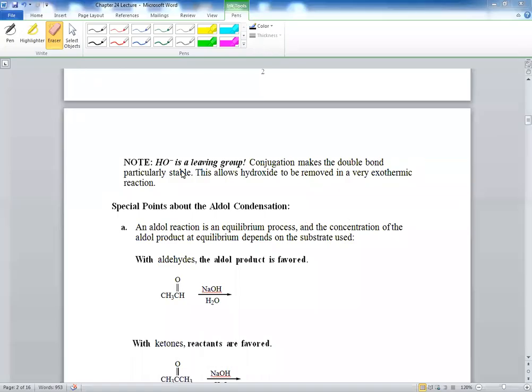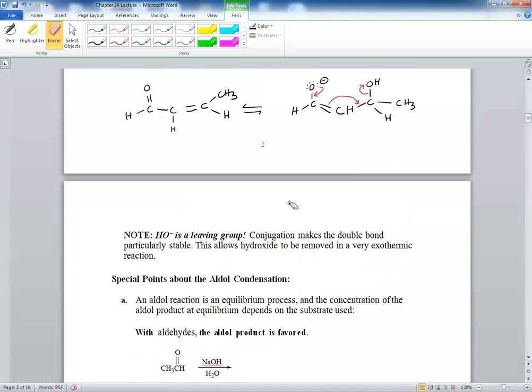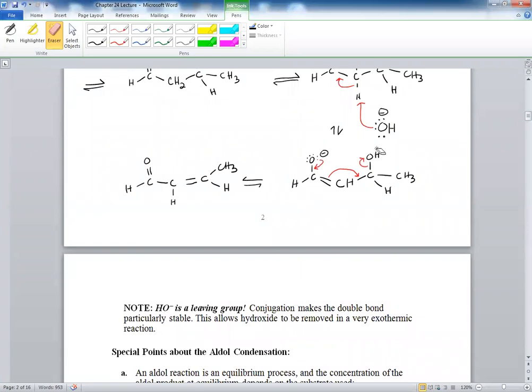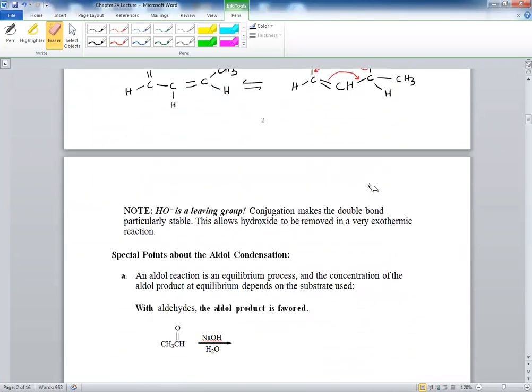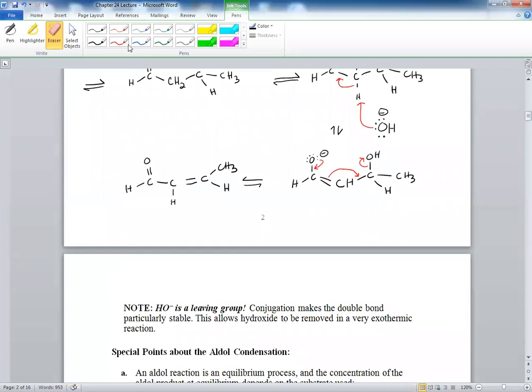In the last mechanism, you saw that the hydroxy group was a leaving group. If you take a look back here, you saw how it was a leaving group. And this is okay for a very simple reason. It's because the molecule is willing to kick out OH in order to form a conjugated product.